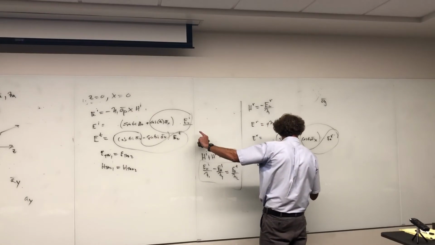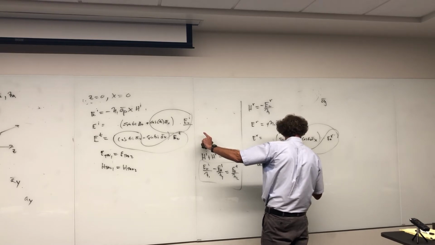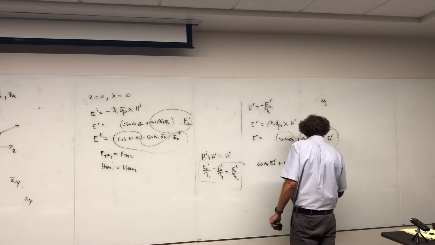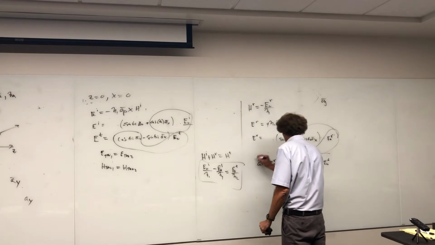Cosine theta incident times E naught incident is equal to cosine theta transmitted times E naught transmitted. These are the two equations.